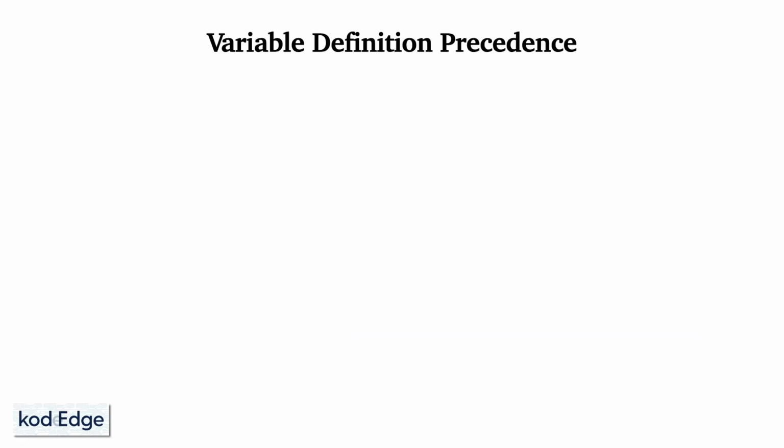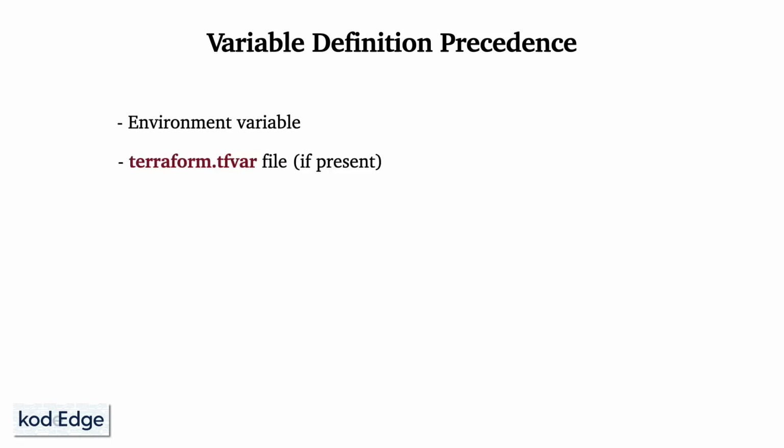Now let's understand the variable definition precedence. So if we use multiple ways to assign values for the same variable, then Terraform loads variables in the following order. Let's say you have defined variable using environment variable. And if you also define same variable in the terraform.tfvars file, then Terraform will give precedence to terraform.tfvars file.